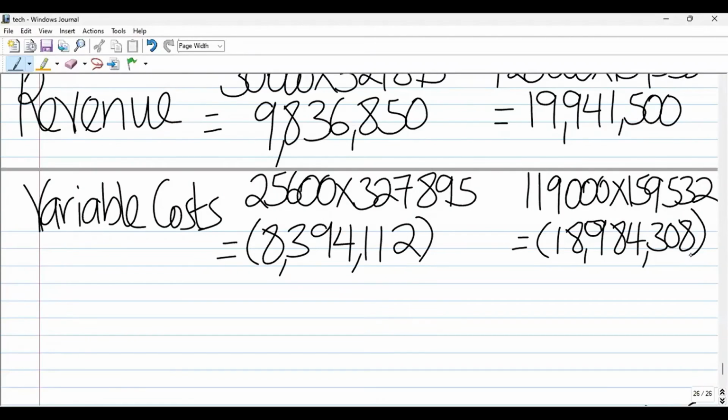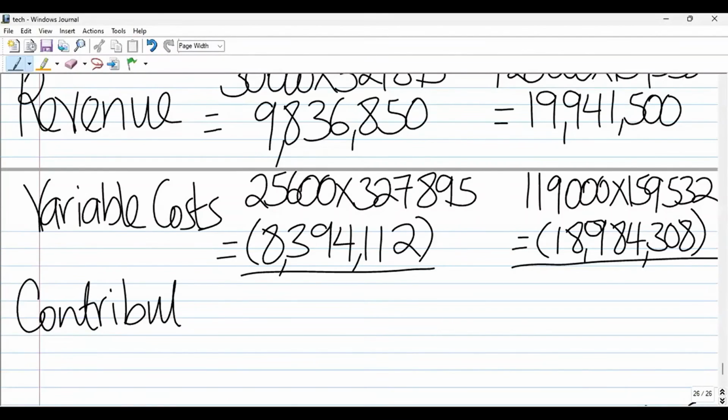So whenever we have revenue minus the variable cost, that gives us contribution. Revenue minus variable costs alone gives us contribution. So come and show the contribution. So get the revenue, subtract the variable costs so that we can see the contribution. Please hurry up. I want us to finish this number before time.